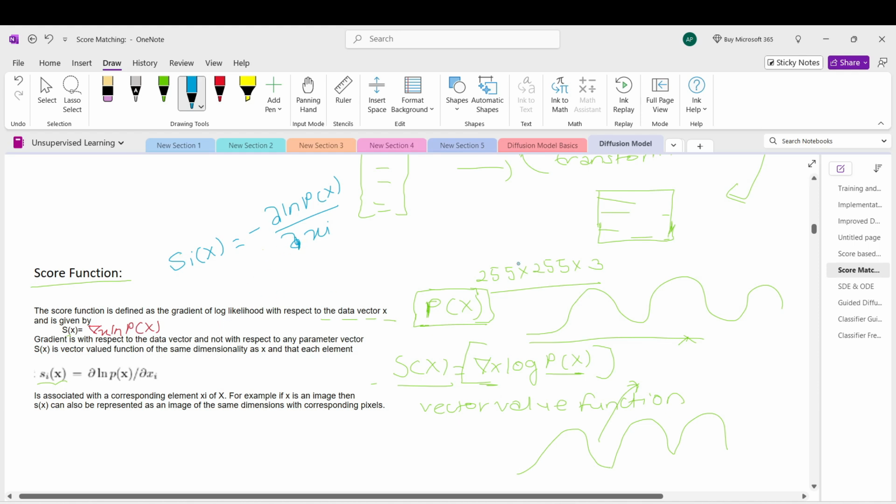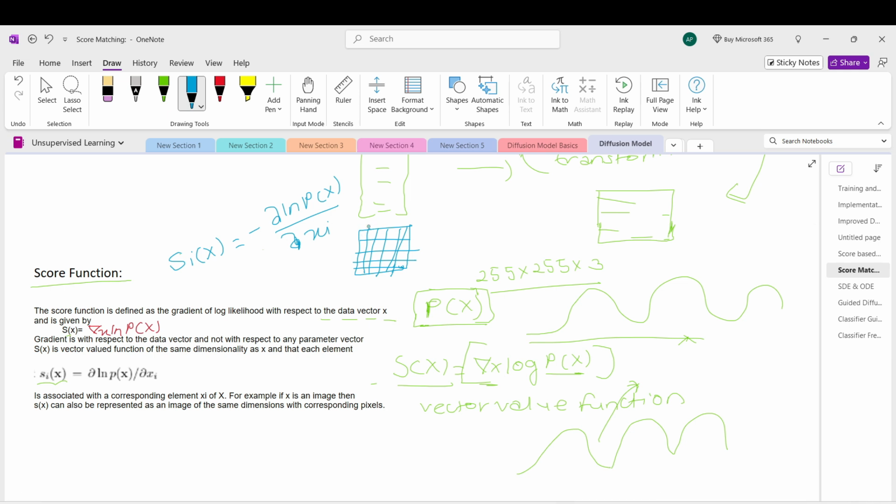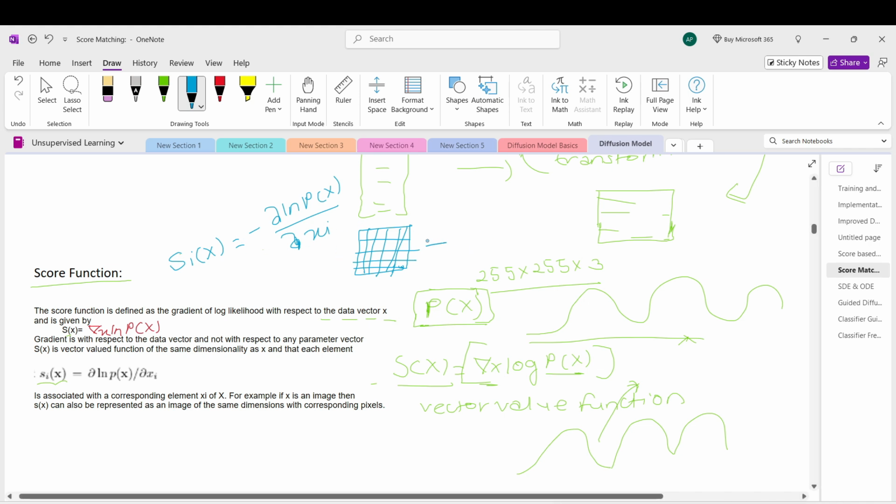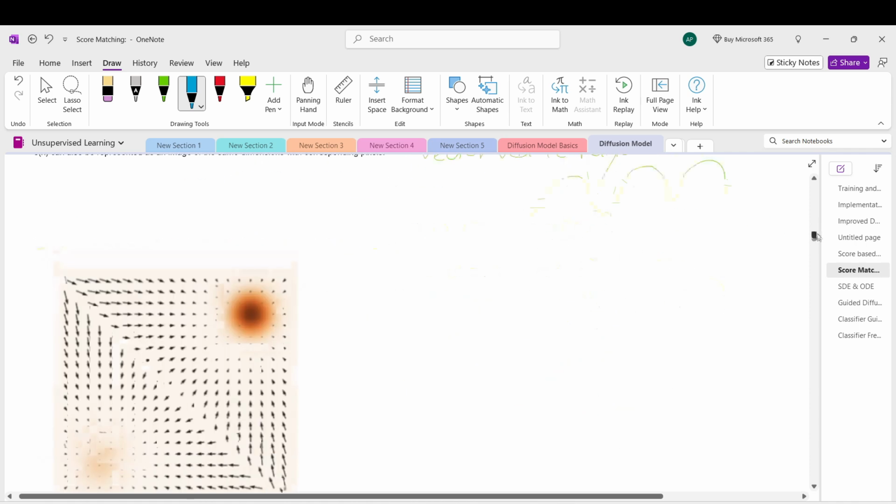So this is a partial derivative. If we take images, two-dimensional images, this image has certain pixels, so it has a certain dimension. This is the dimension of the images, and this is your score, so we can just compare the score and images.